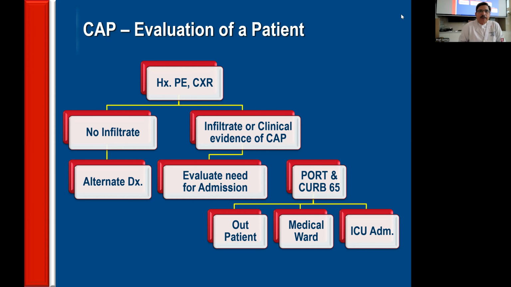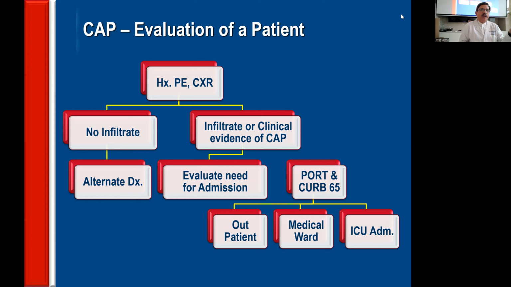And percussion, what sort of note do you get? Dull note. What are the notes that we have in the lung? Normally resonant, hyper-resonant, impaired, dull, stony dull.